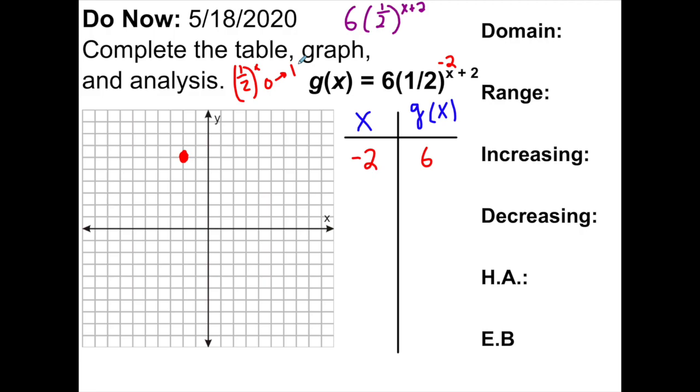The other thing this is an indication of is a dilation by a scale factor of 6. And I know that because ordinarily we would expect to get an answer of 1, right? When we have 0 coming out of this, because 1/2 to the 0 is 1, but instead we get 6, something 6 times as large.